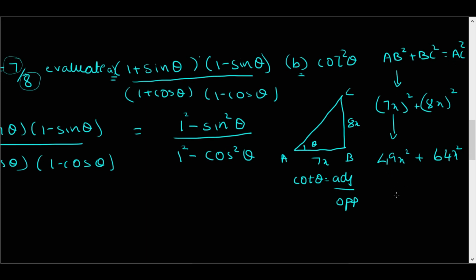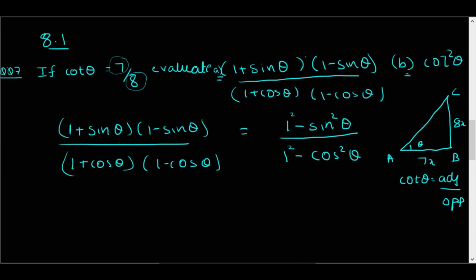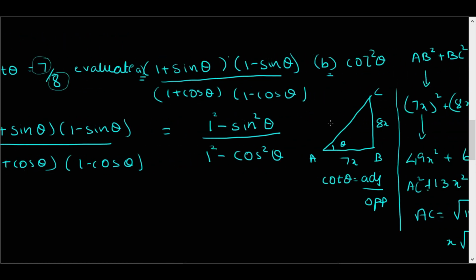So this is 113x square. This is AC square. So just draw a line here. AC square is this. So AC would be root of 113x square. x square would come out as x. So x root 113.